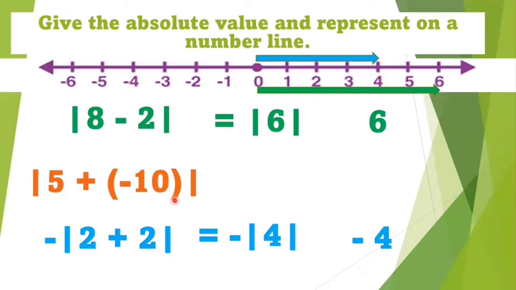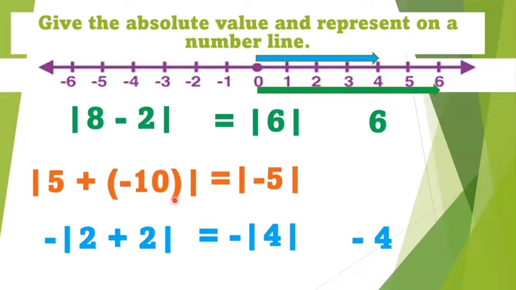You will learn this as we go to our next lesson, operations on integers. So this time, just a little hint for your next lesson. We have 5 plus negative 10, that is equal to negative 5.